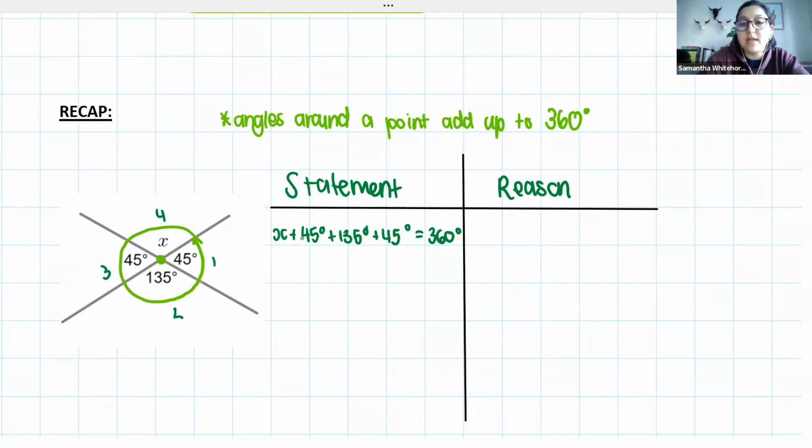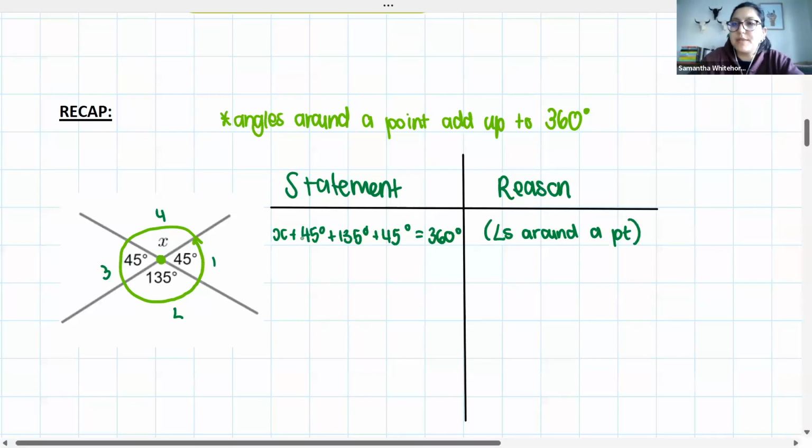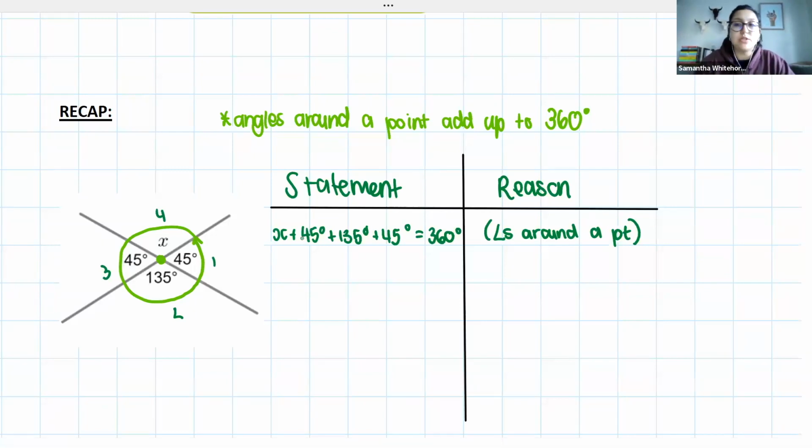And the reason I am making that statement, and remember, we can abbreviate and use symbols in our reasons, the reason I'm giving here is angles around a point. So that slanted L means angles, PT means point. Right, so quickly in the chat, what I want you guys to do is work out the value of x for me. So tell me what x is for this question and put your answers in the chat for me.